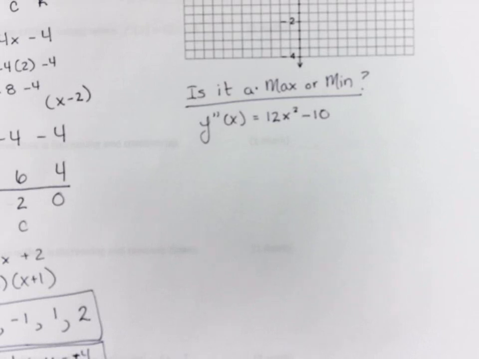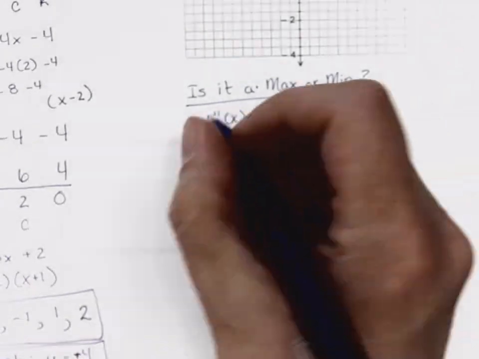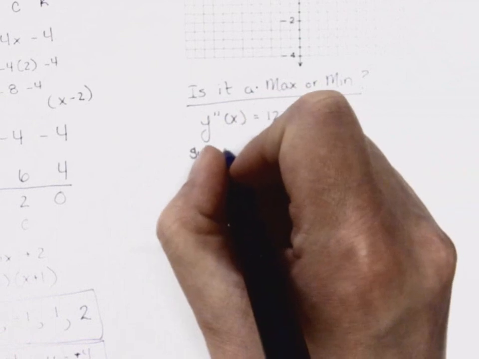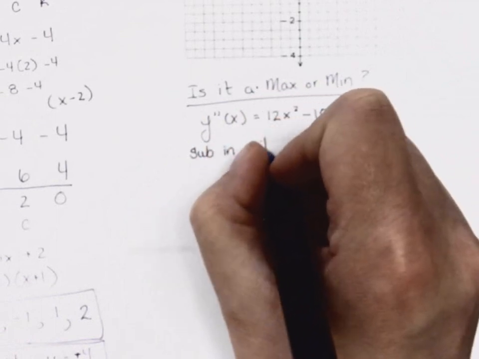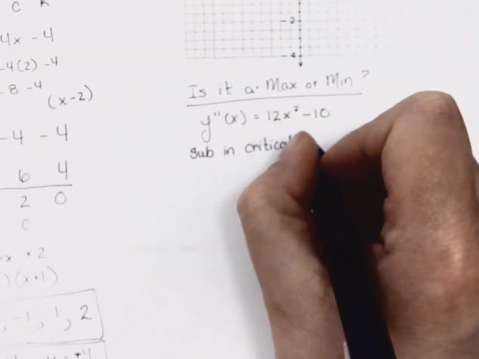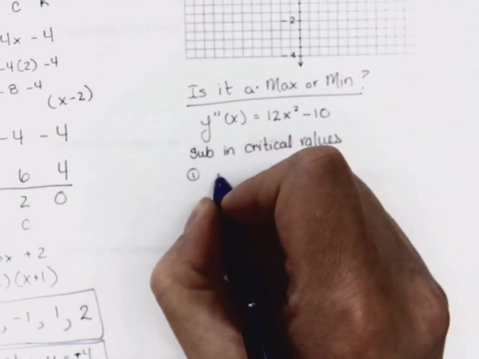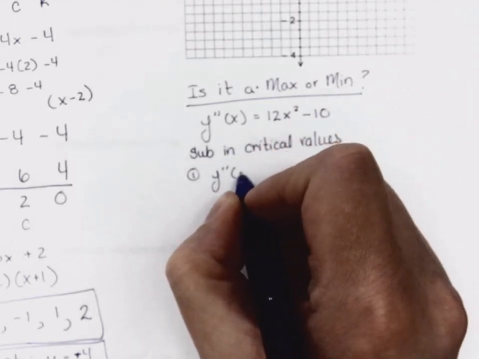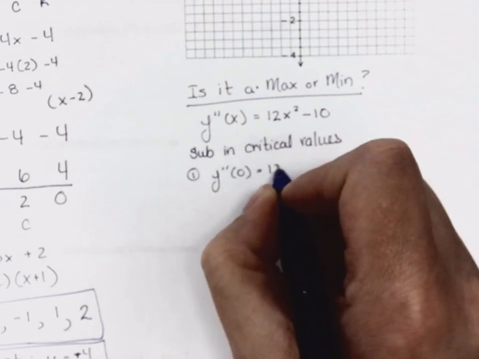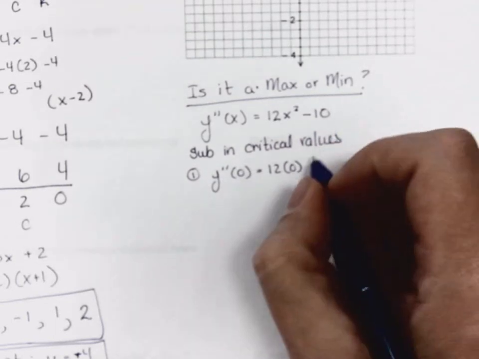Do we set it equal to 0 and solve, or what do we do? We substitute those critical values in. So our first one is going to be 0.